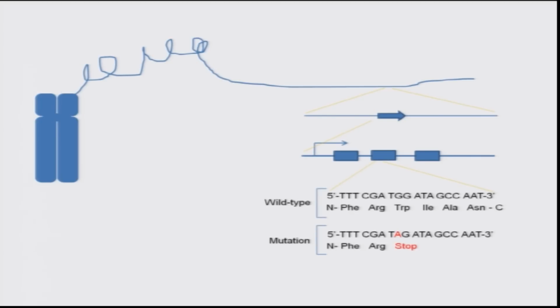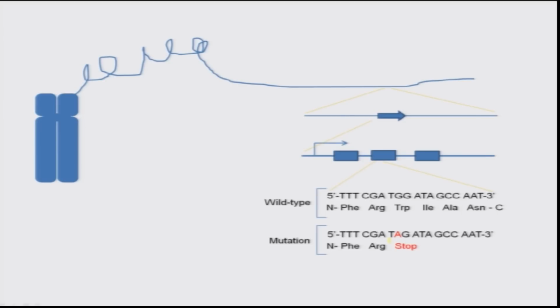Now, what happens in case of disease? You could have some change in the DNA sequence, which may affect the way the gene functions, or which may affect the way the protein functions, or the protein may not be made, or made but not properly functioning, and so on. What we have shown here is a nonsense mutation, something that we discussed in our previous class.